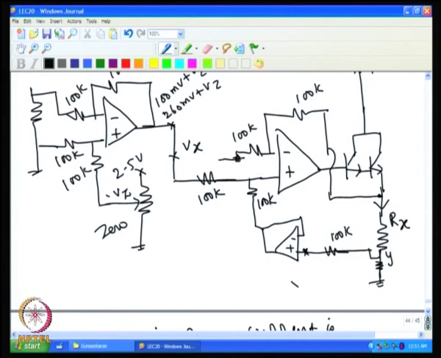So, one can also keep plus voltage at this point by putting one more operational amplifier here. I can have V reference here, and the output of this can be connected to this.